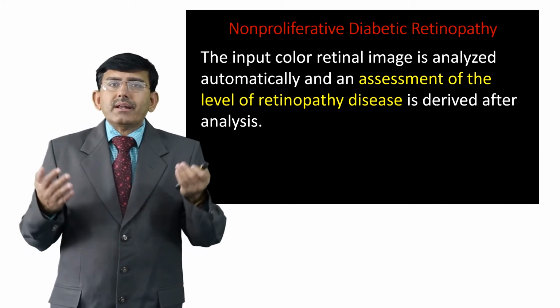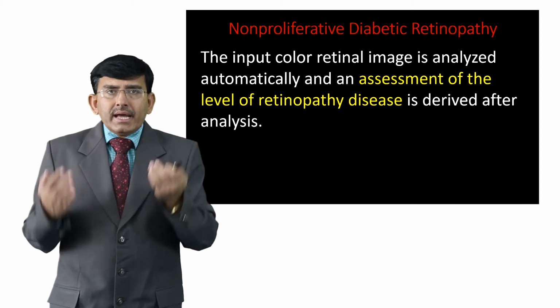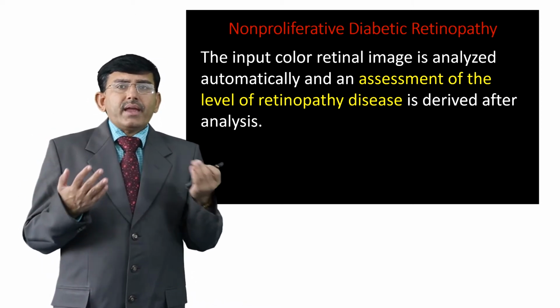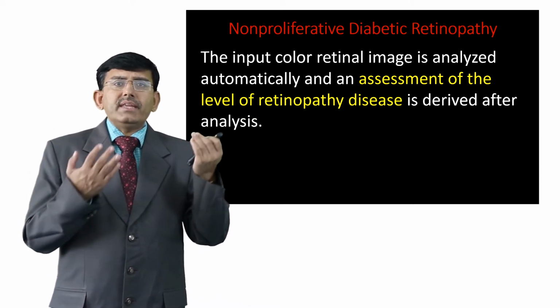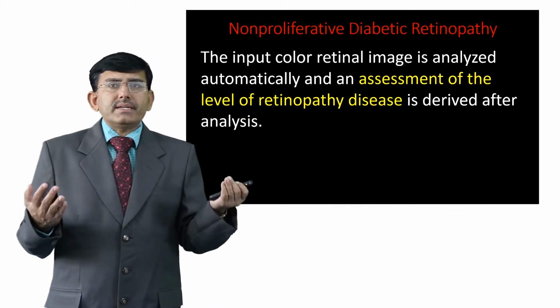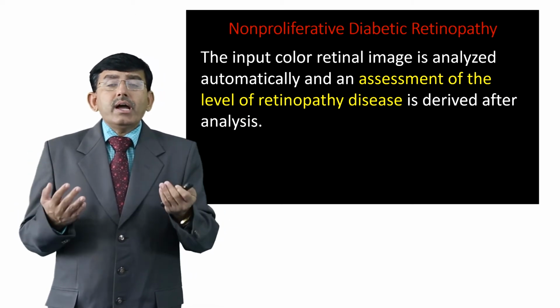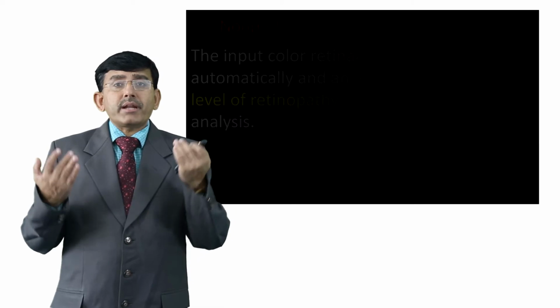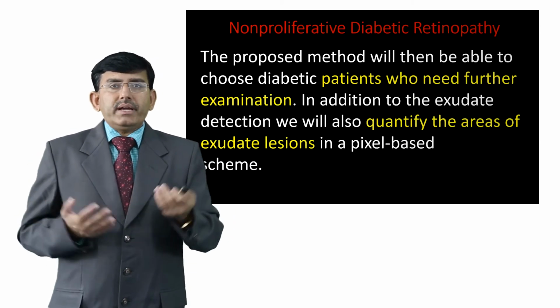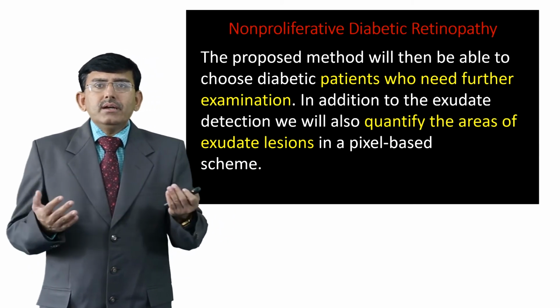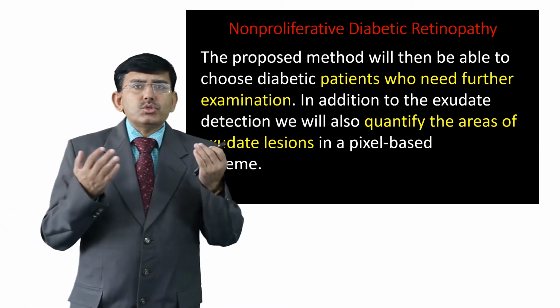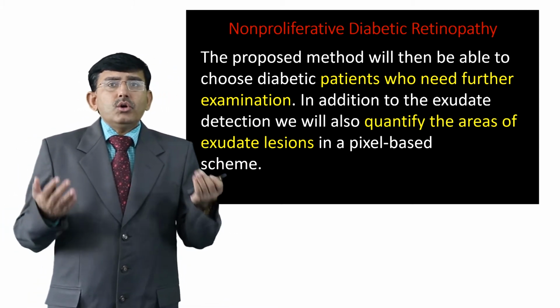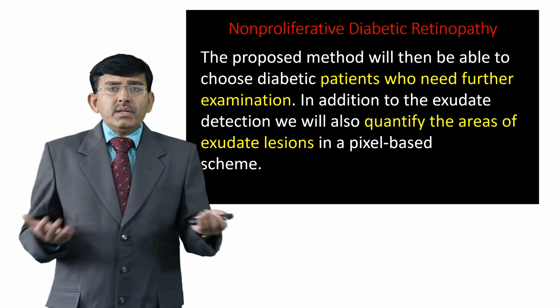The input color retinal image is analyzed automatically, and an assessment of the level of retinopathy disease is derived after the analysis performed by software. The proposed method will then be able to choose diabetic patients who need further examination.